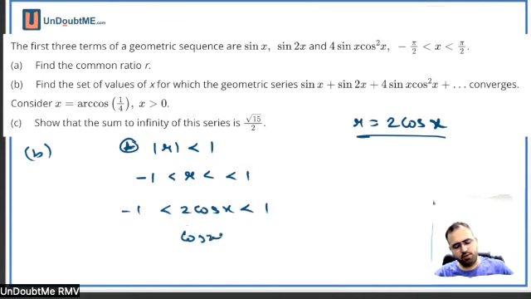And that will give me cos x between minus 1 by 2 and 1 by 2. Now what should I do from here?